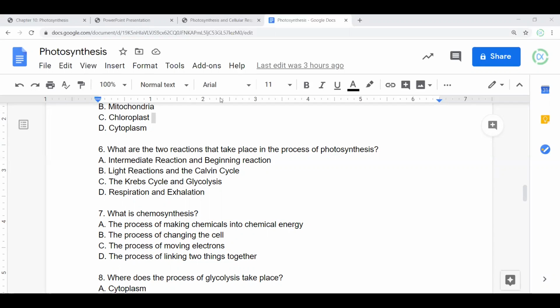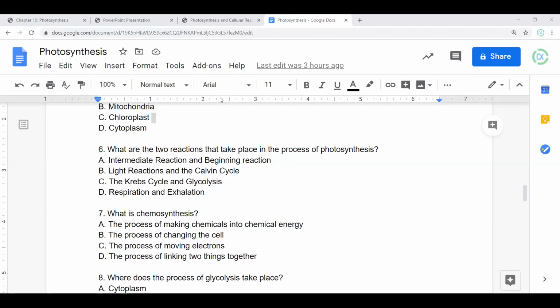All right, so it seemed like this was a tricky question, but the answer was A, the process of making chemicals into chemical energy. Remember that chemo just means chemicals and synthesis means to make. So B, the process of changing the cell, I don't know, that doesn't really make any sense.